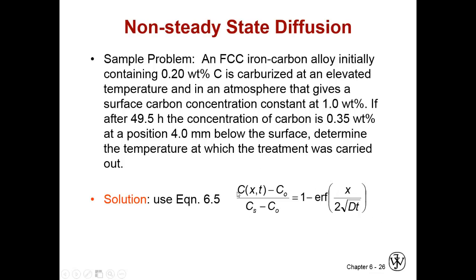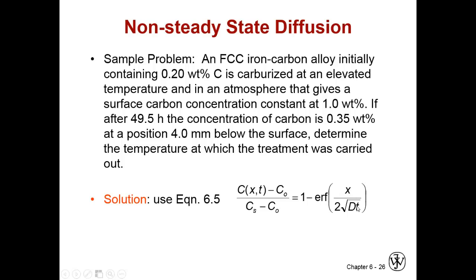Now we know several of these things. Cxt, well, x is the distance, t is the time. The concentration is 0.35%, and the distance x is 4 millimeters below the surface, and the time t is 49.5 hours.